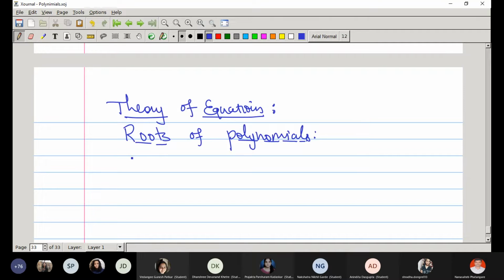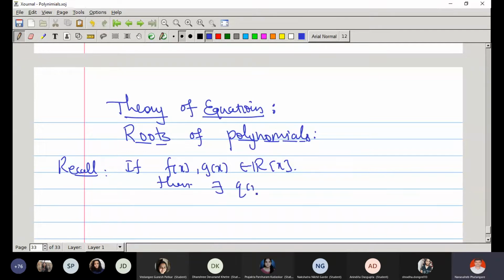So now, recall that if fx and gx are any two polynomials, then by division algorithm there exist two polynomials qx and rx such that fx is equal to gx into qx plus rx.